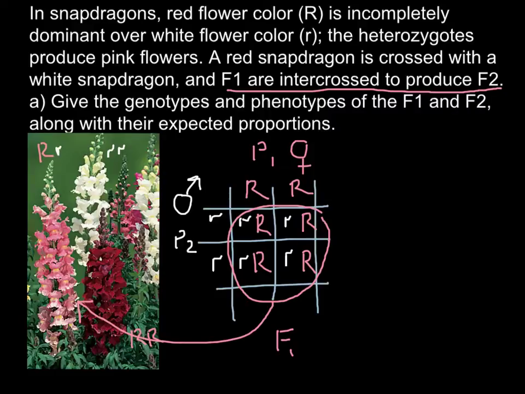So here we have, for example, small r and capital R, and small r and capital R on this side. And let's make a Punnett square here.